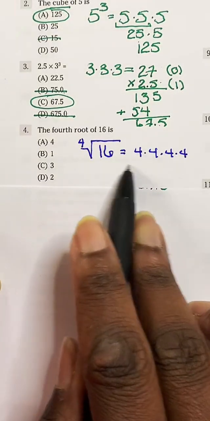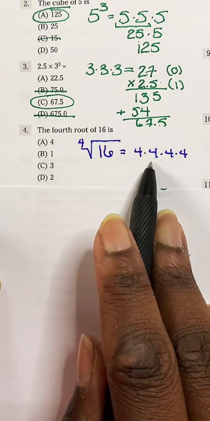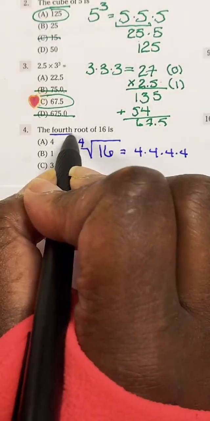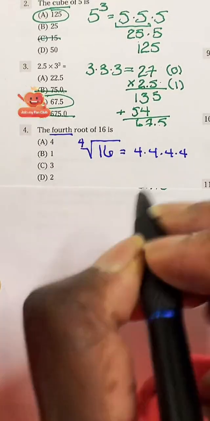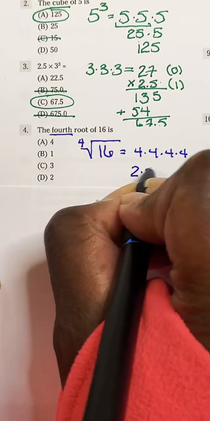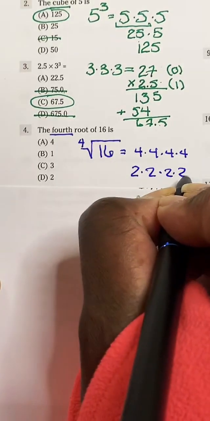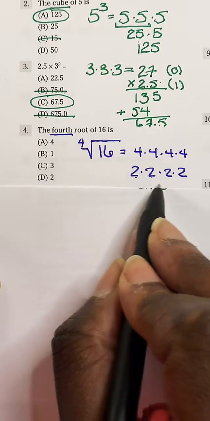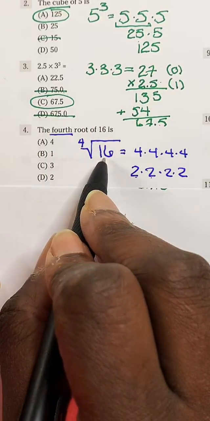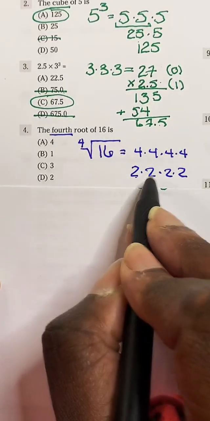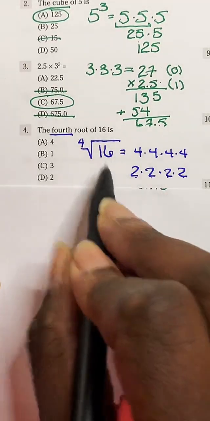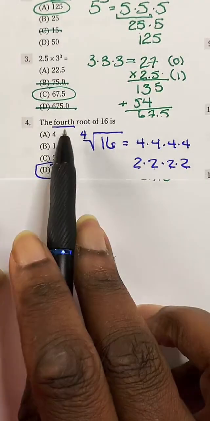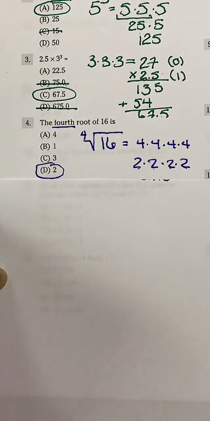So what a lot of you are saying, you're thinking of the square root. But now we're talking about the fourth root. So let's take a look. If I do the other one that most of you have been saying, 2 times 2 times 2 times 2. 2 times 2 gives me 4, 2 times 2 gives me 4, 4 times 4 gives me 16. So 2 times 2 gives me 4, times 2 gives me 8, times 2 gives me 16. My answer is D. So we're thinking about the fourth root.